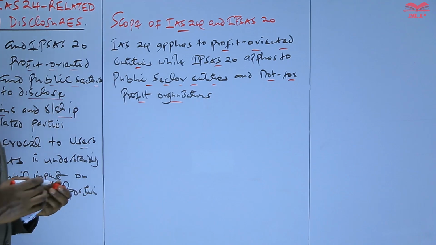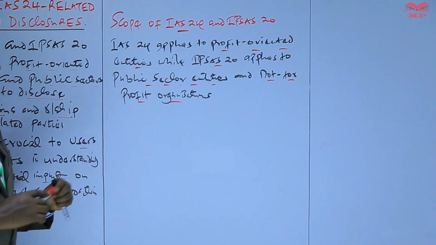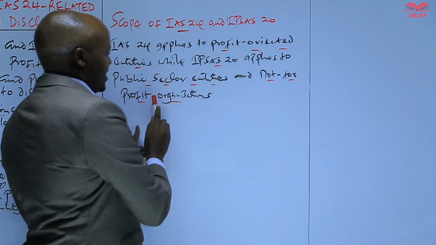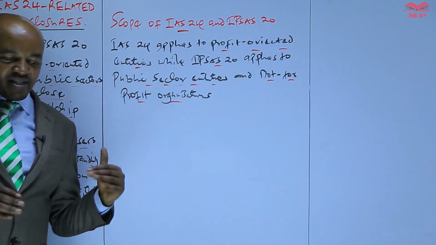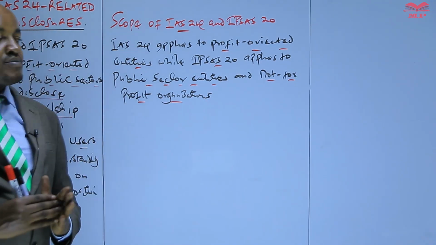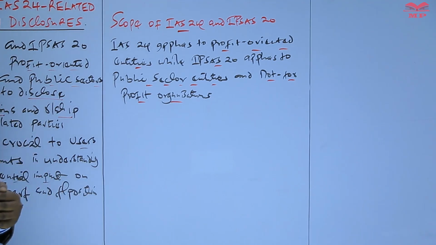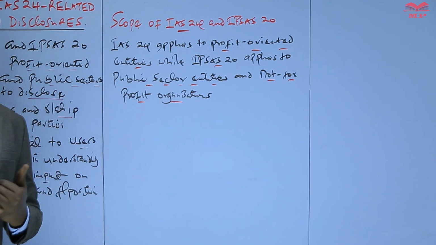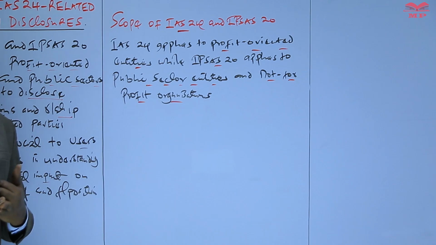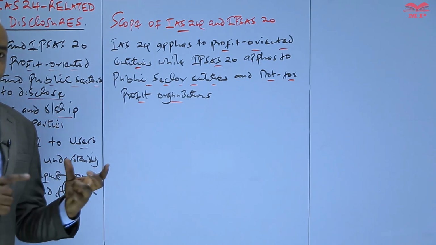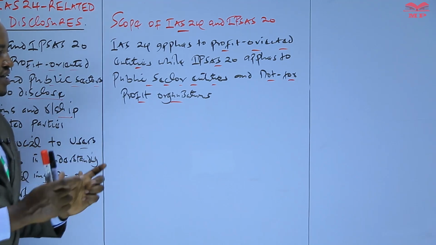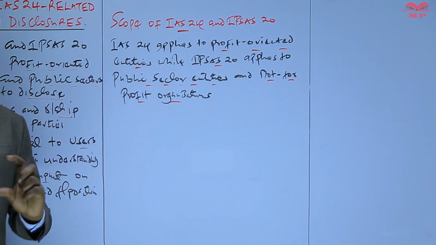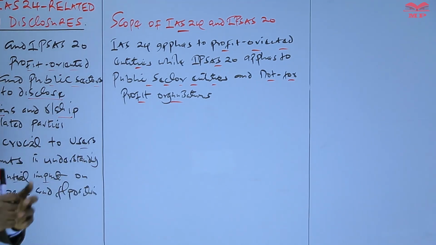So therefore, when these particular entities, that is the public sector entities and not-for-profit making organizations, are preparing their financial statements, then according to IPSAS 20, they need to disclose any transaction with a related party, and also they need to disclose the relationship they have with the related parties. We are going to define who is a related party, and also what is a related party transaction.